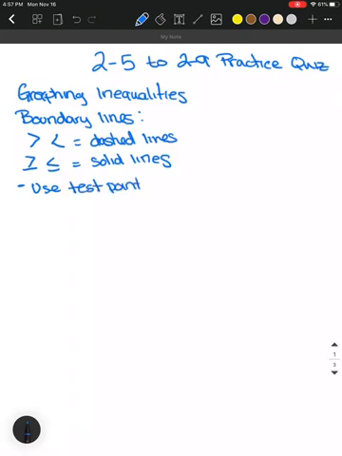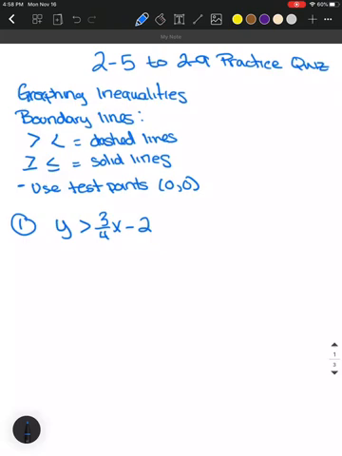So this is just a quick review for our graphing inequalities. Number one is y is greater than 3 over 4x minus 2. Hopefully you have the review right next to you as we're doing this.